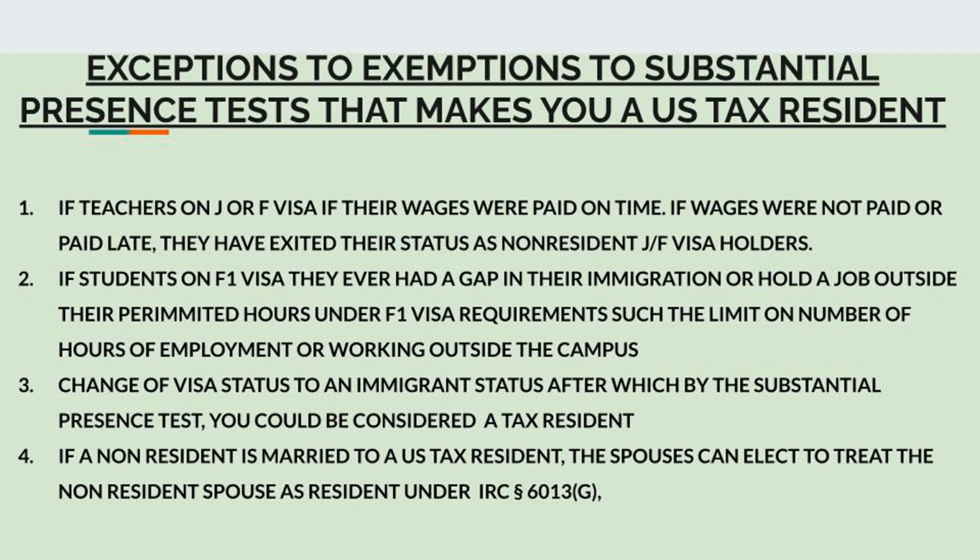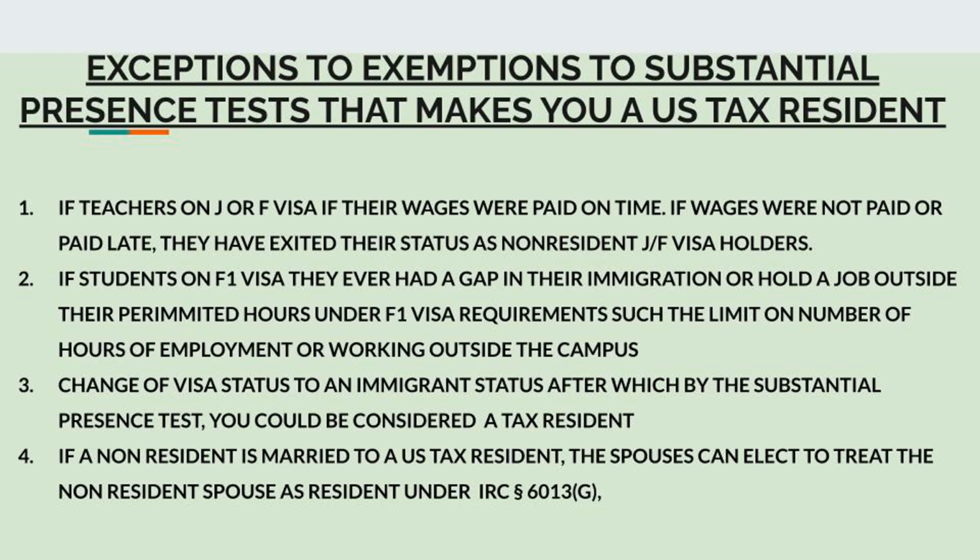Now, the other scenario is that if you're a non-resident who is married to a U.S. tax resident, in this case, the spouses can elect to treat the non-resident spouse as a resident under section 6013(g) of the IRC.